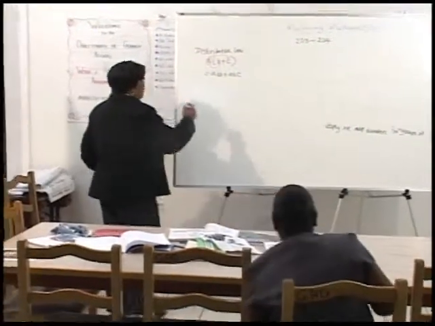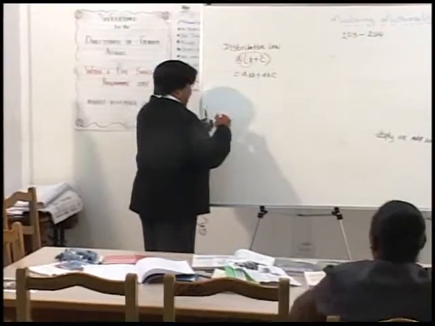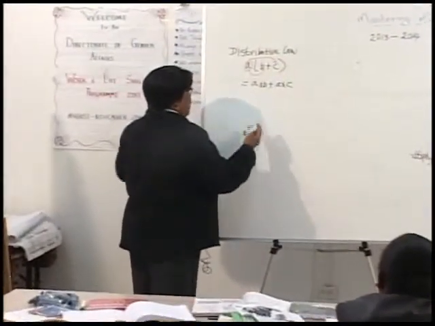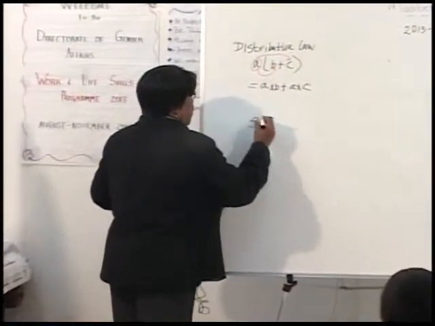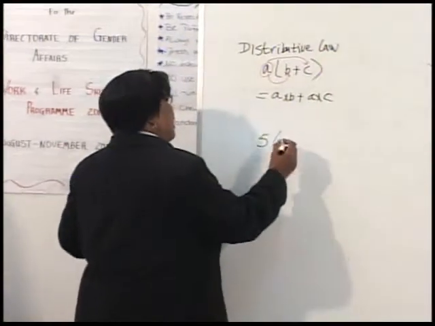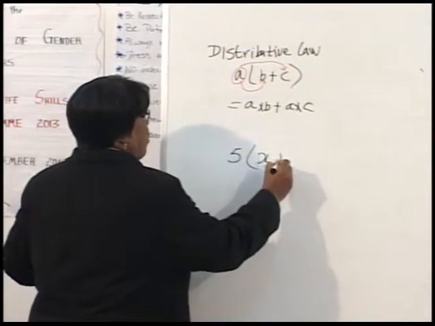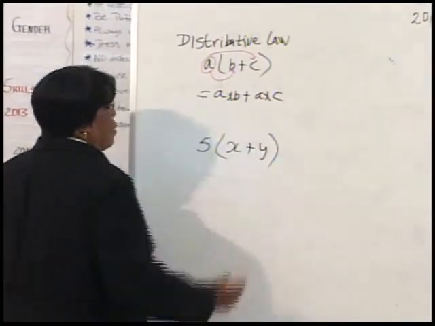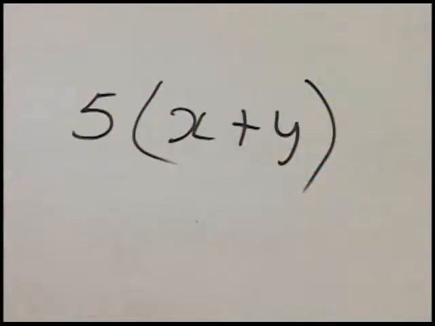So that if we have a thing outside and it says that we can have 5 open bracket, and it is, let's say, x plus y, because this is where the mistake is made when we're using our distributive law in that field of algebra. Okay? What do we have to do?